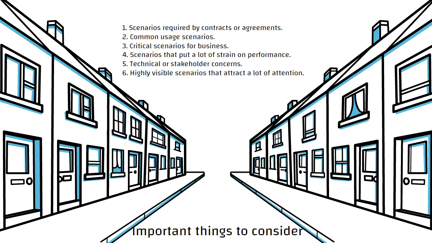And then the critical scenarios for the business. Here I'm mentioning critical scenarios for the business, which means all through the application we have a lot of critical scenarios, but when it comes to business we have to be very particular about it.